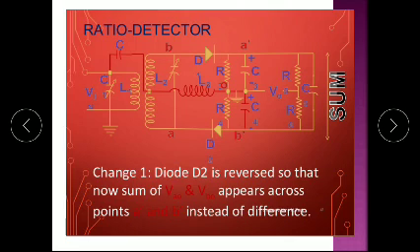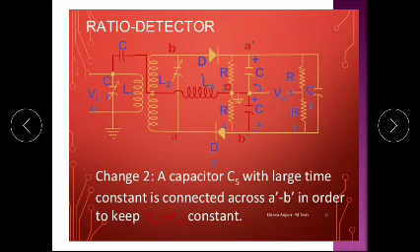The first change is that diode D2 is reversed so that now the sum of the voltages appears across the output instead of the difference.